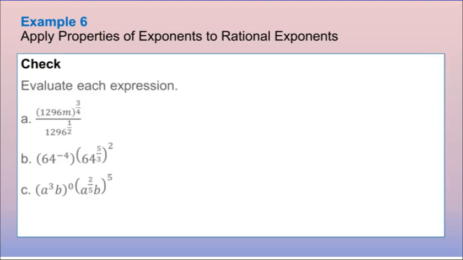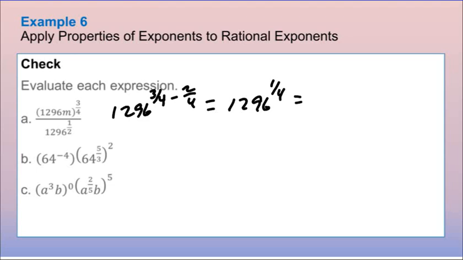And one final problem here. Evaluate each expression. So for this one, we got 1296. When I divide like bases, I subtract the exponents, so this would be 2/4. So I would have 1296 raised to the 1/4, and 1296 raised to the 1/4 power gives us an answer of 6.